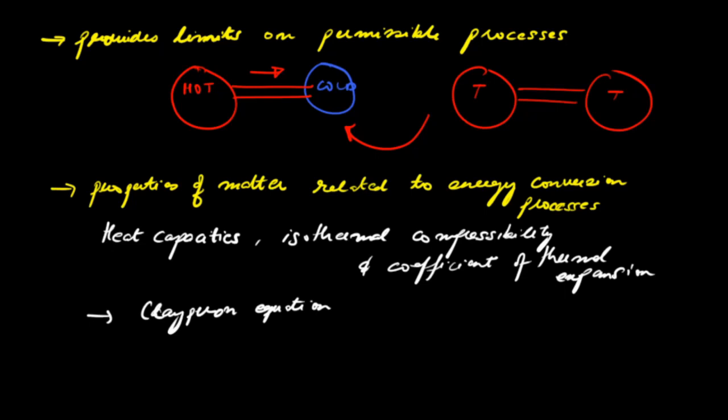Now, to summarize, thermodynamics differs from other branches of physics because it's more general, and it is applicable to almost all systems, provided they consist of a large aggregate of particles.